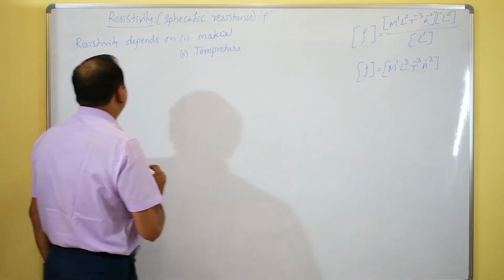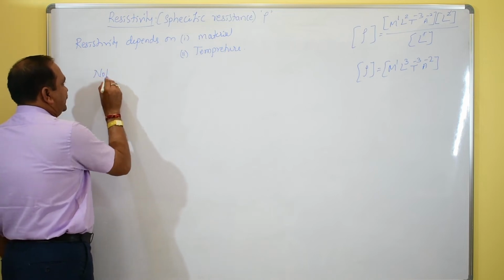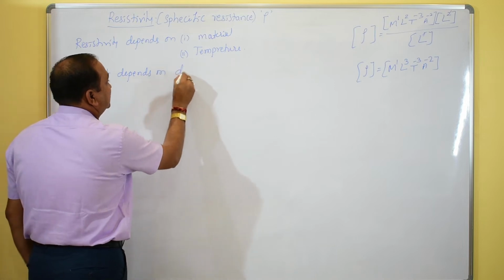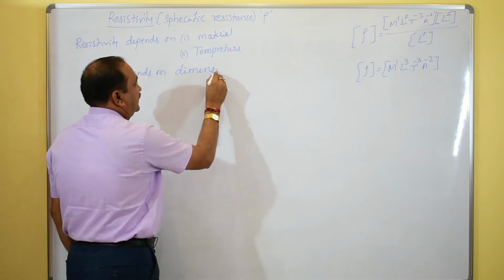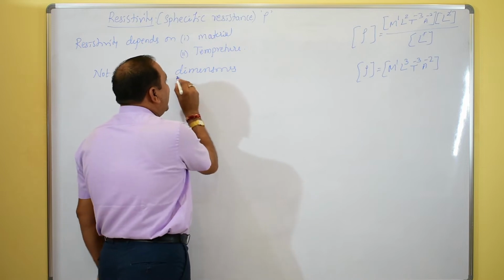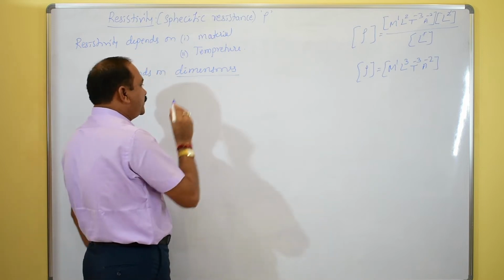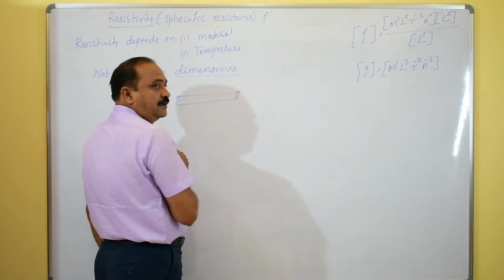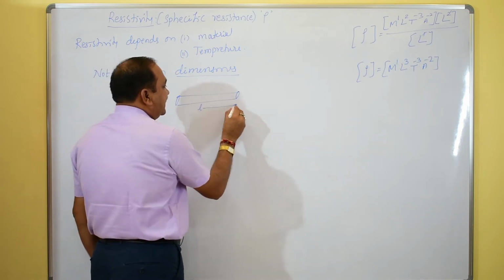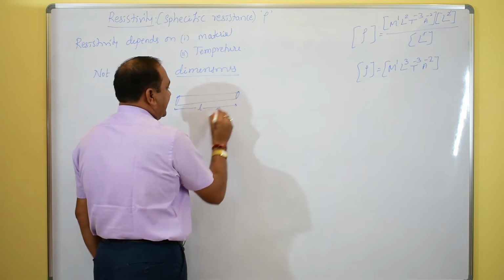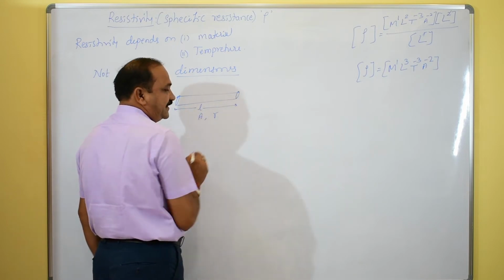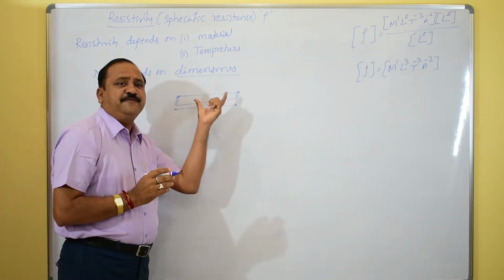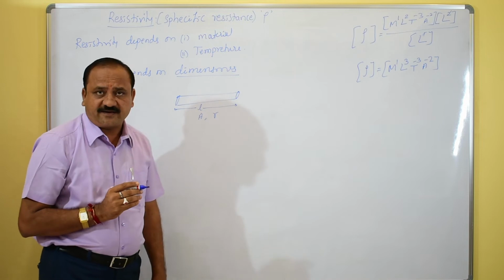But resistivity does not depend on dimensions. What do dimensions mean? You may take one conductor, for example, this is the conductor. Say this conductor has length L, cross-sectional area A and radius R. These are all the different dimensions of that particular conductor.